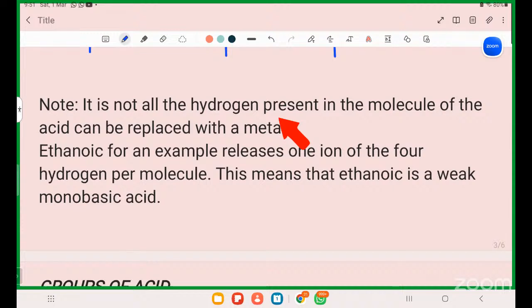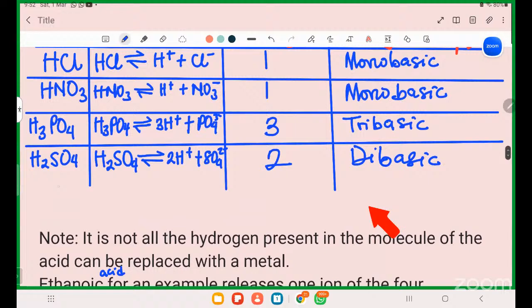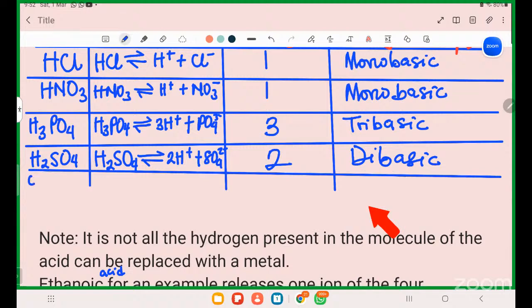An example is ethanoic acid. It has the formula CH3COOH. Now, it has a total of 4 hydrogens, but when it ionizes, it is only one that can be replaced.